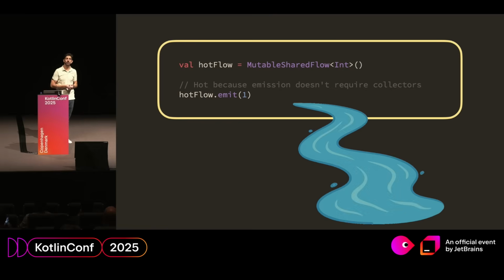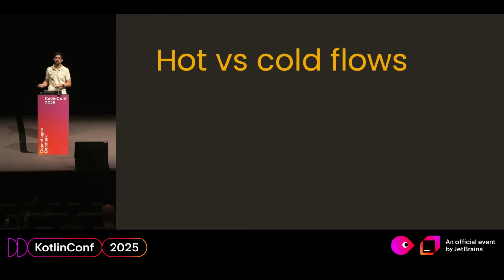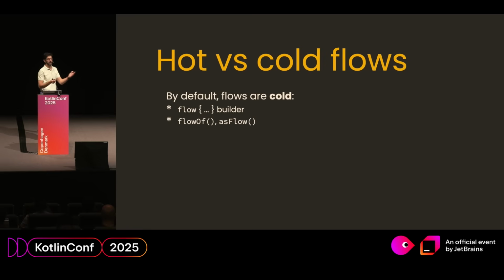It's following the analogy. Here we have a river. If you want to start observing items or collecting them, you get there to the bank of the river, and you can see the items that are flowing. Very quickly, most of the flows that are created are cold. It could happen with the flow API builder, as we saw, or with other operators like flowOf, asFlow.